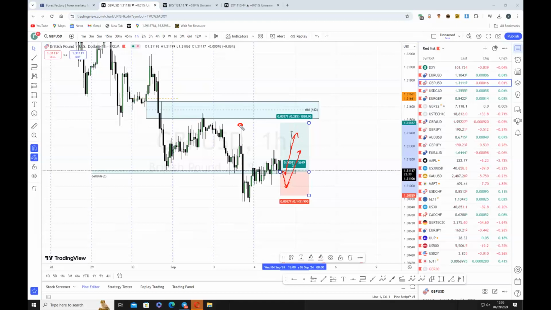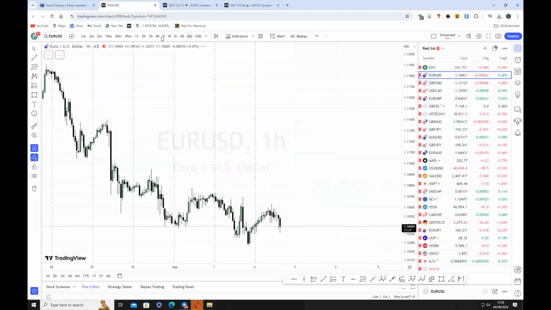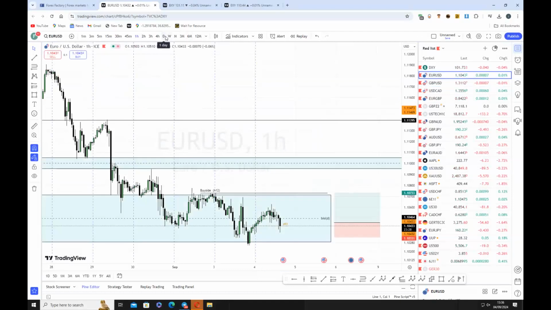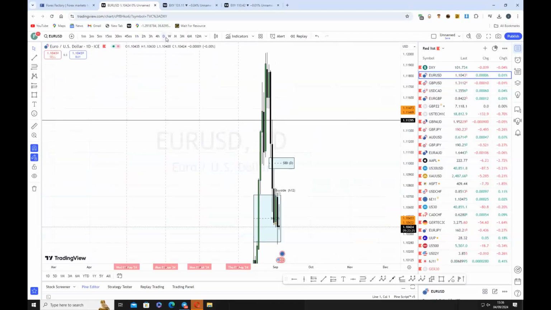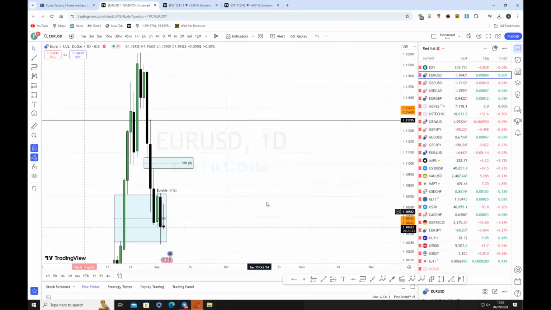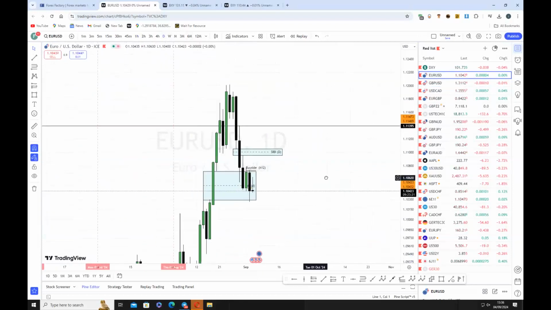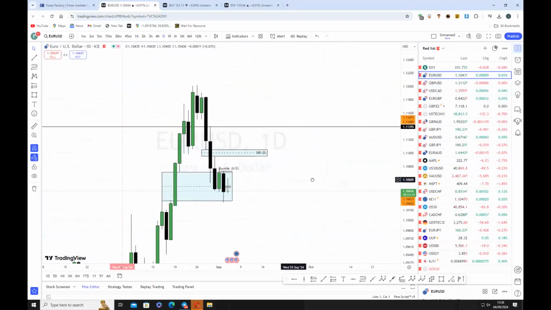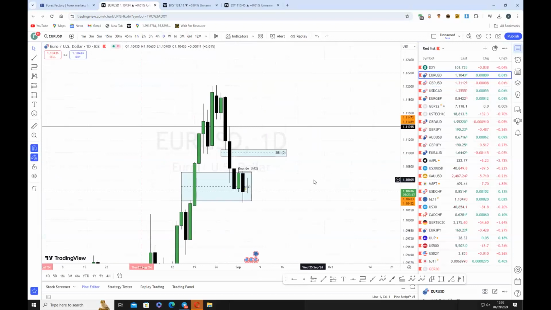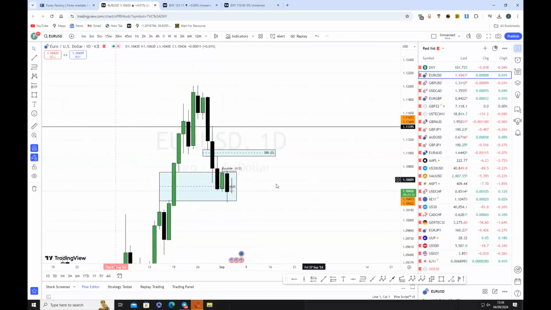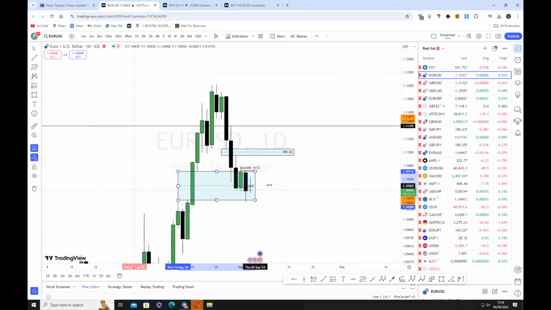So we'll drop to EU. With EU, same thing. All I'm looking for is the higher time frame PDRAs. So currently we're in daily. Here in daily, I have this BC on market pricing, and also above me there's a buy side that is on H12.